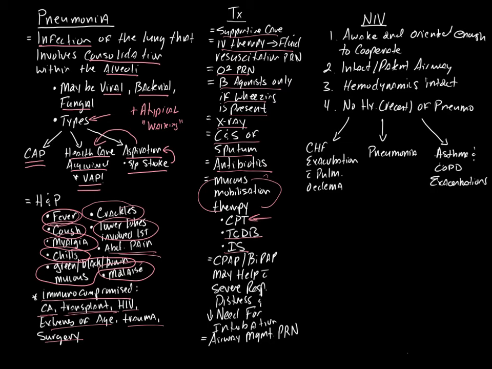If your pneumonia patient is having a particularly hard time breathing, non-invasive ventilation may be helpful. CPAP or bilevel positive airway pressure. It can help with the respiratory distress, and it can actually decrease the need for intubation in certain patients.